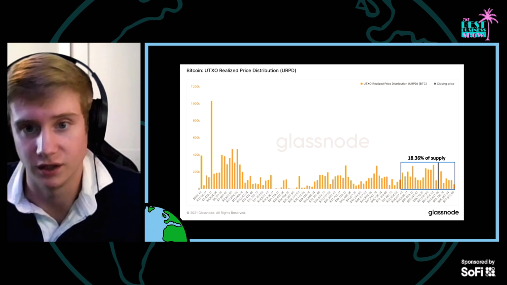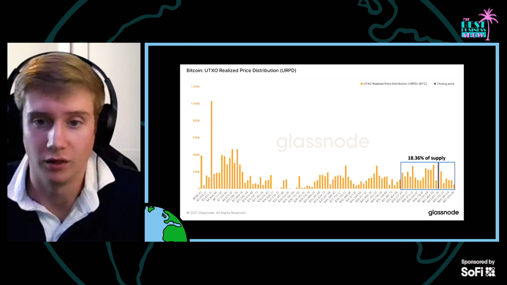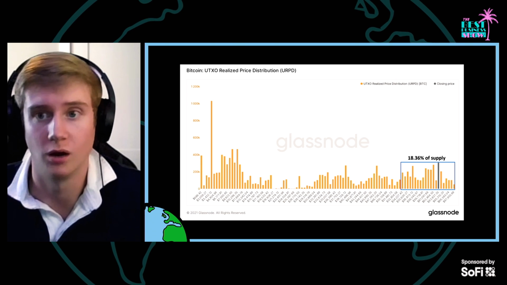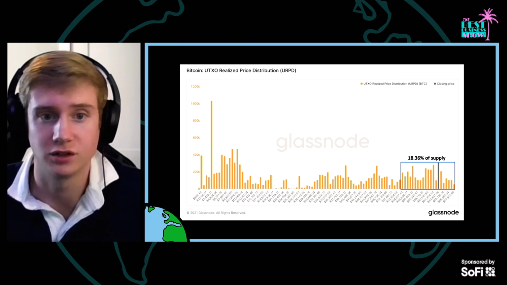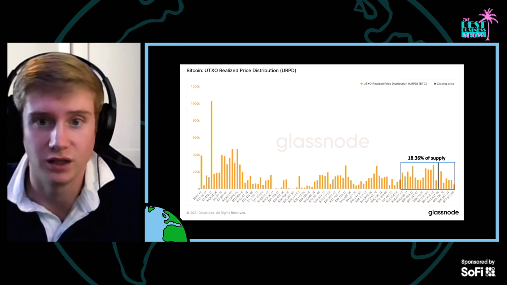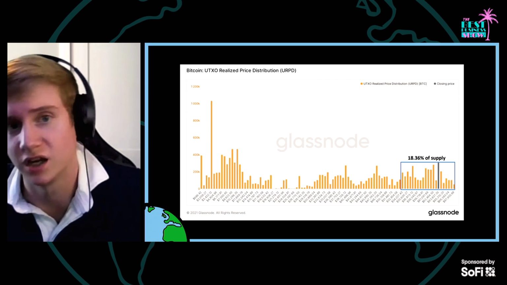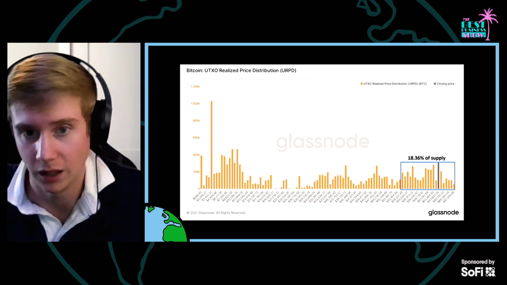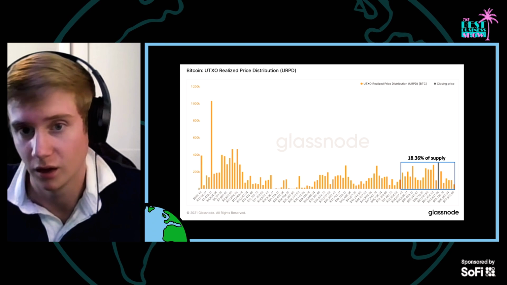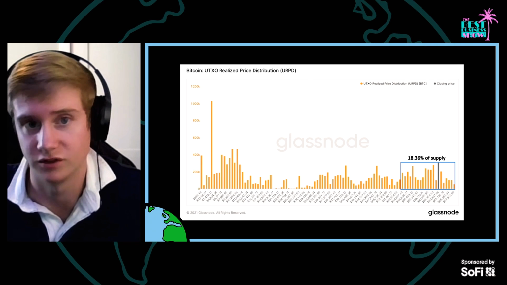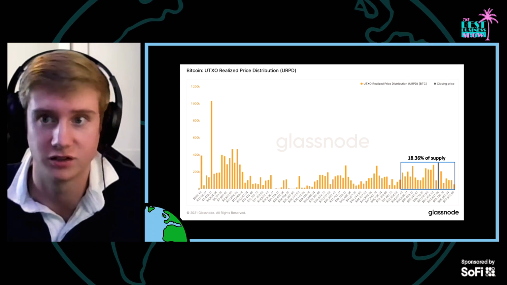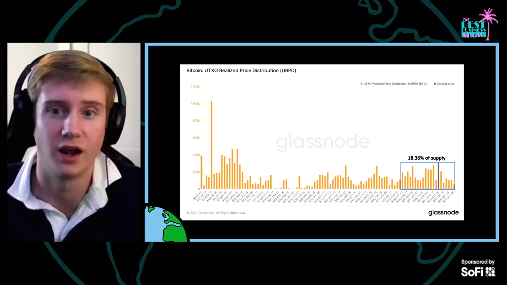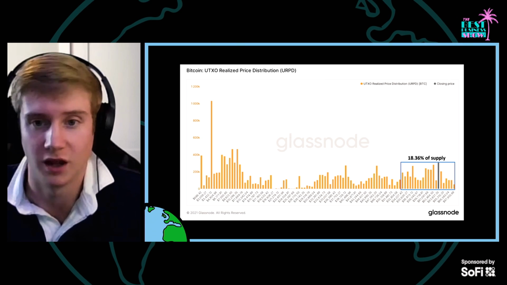And conversely, if we're correcting, then I look for some of these zones as support levels on the move down. But this will definitely change over time because you'll have coins in those 40, 50K price levels that are going to move once we go higher. So this is just something to watch in terms of identifying where a lot of this investor behavior is going on.